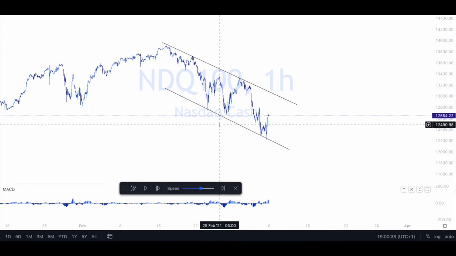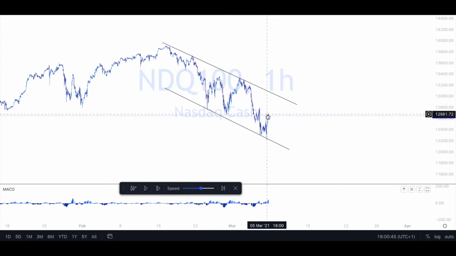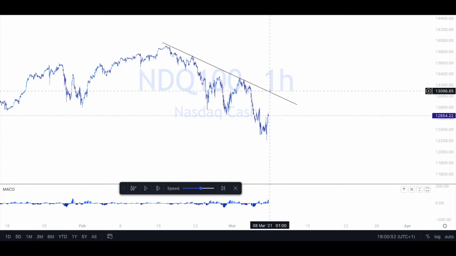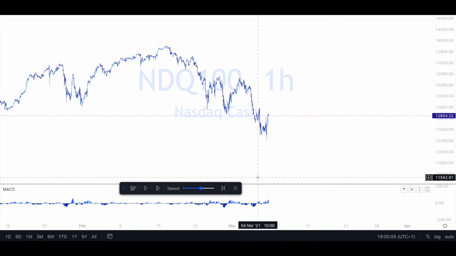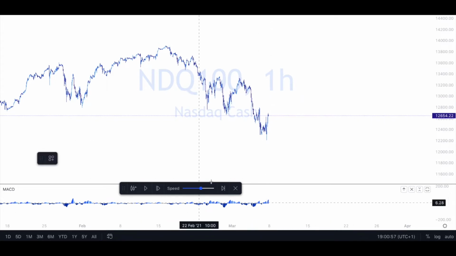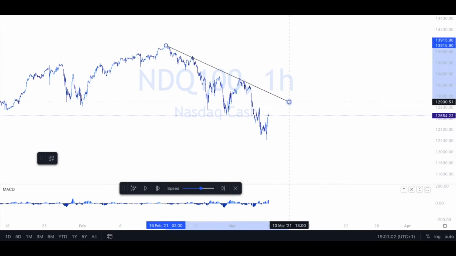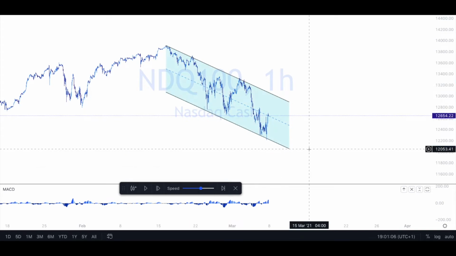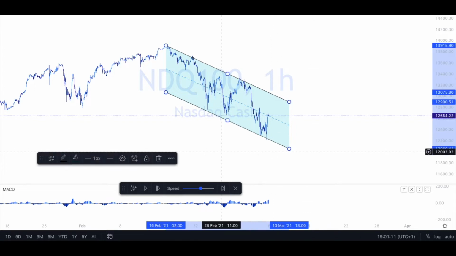So we've gotten the trend line done, so we know that we're in the downtrend at the moment. Actually, let me use this one instead. So we're in a downtrend right now, and then let me lock this in place.